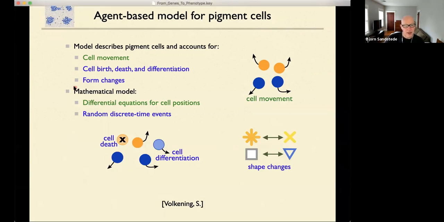The next thing that can happen is they can be born, they can die, and they can also differentiate. In addition, 2 of these cell types, namely xanthophores and iridophores, can change form. We incorporate this by having random discrete time events where we check for these events.